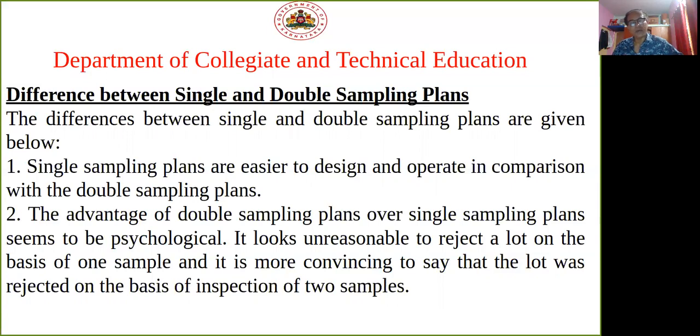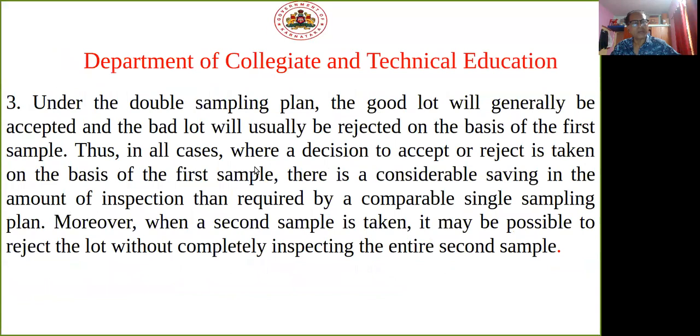The advantage of the double sampling plan over the single sampling plan seems to be psychological. It looks unreasonable to reject a lot on the basis of the first sample, and it is more convincing to say that the lot has to be rejected on the basis of inspecting two samples.